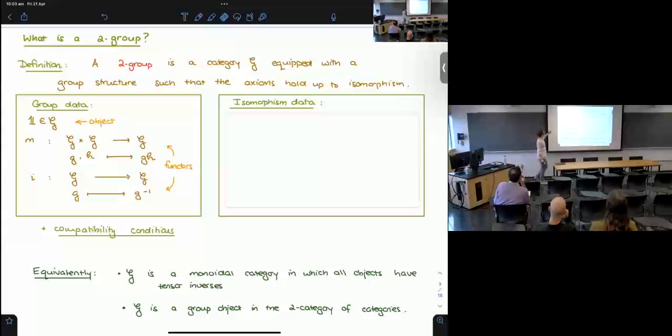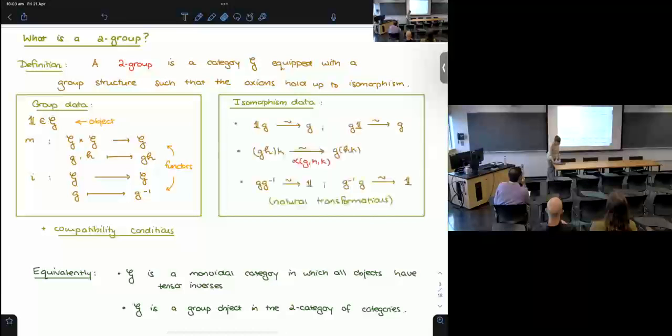Here, the identity is going to be an object of the group, and M and I are going to be functors. I've written what they do on objects, but they should do something on morphisms too in a compatible way. And then rather than having a list of axioms, we have a list of isomorphisms, which is further data that we want to keep track of.